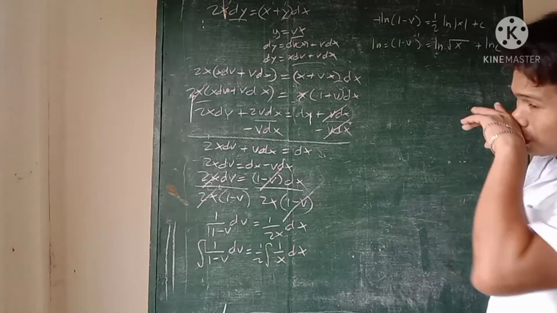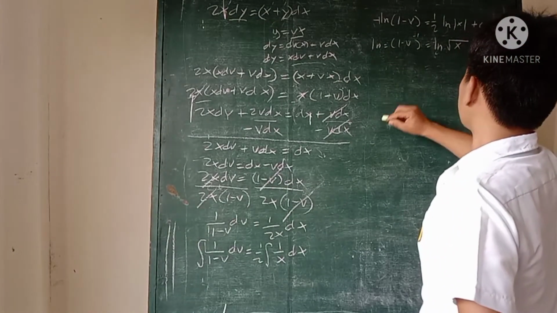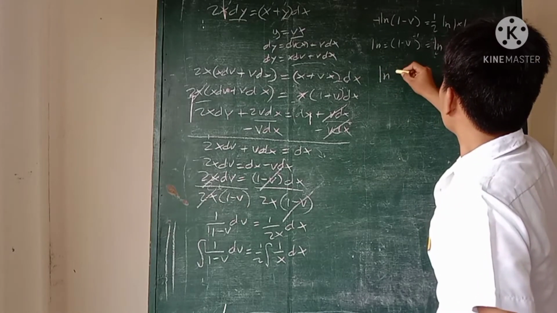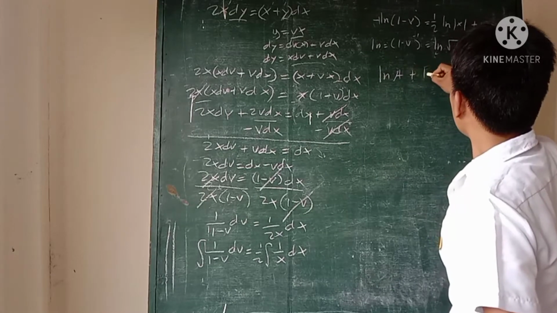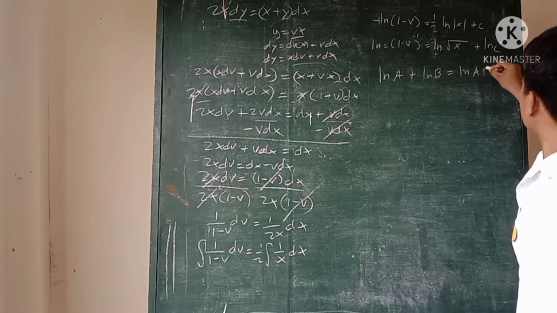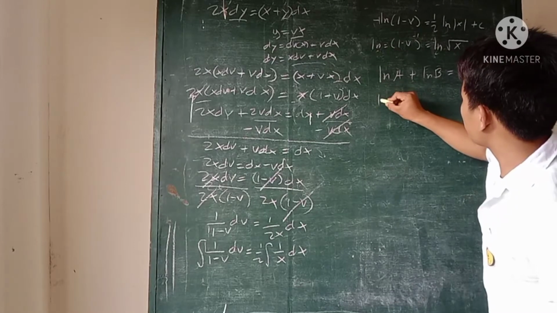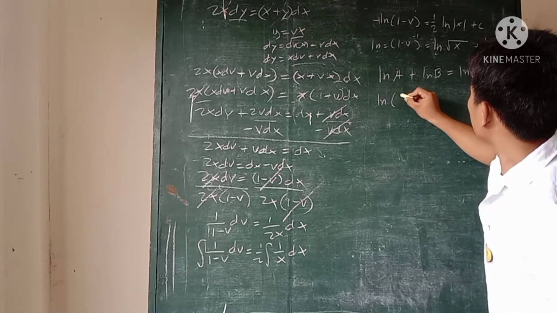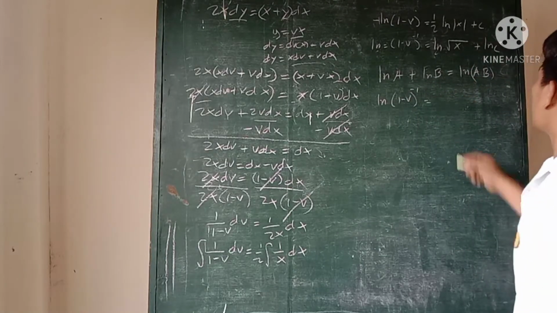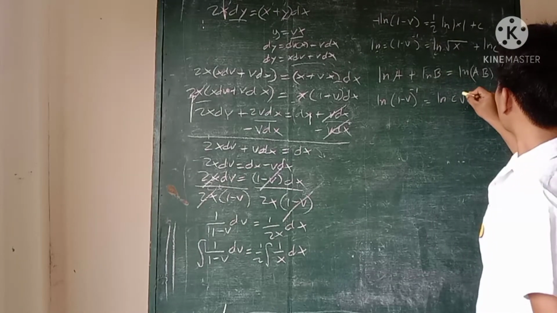So according to the law of natural log, ln a plus ln b equals ln ab. So copy the ln of 1 minus v to the -1 equals ln c square root of x.